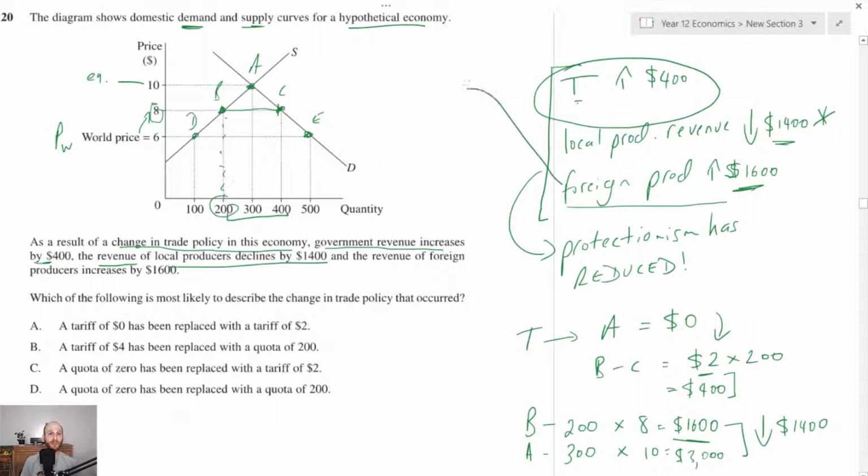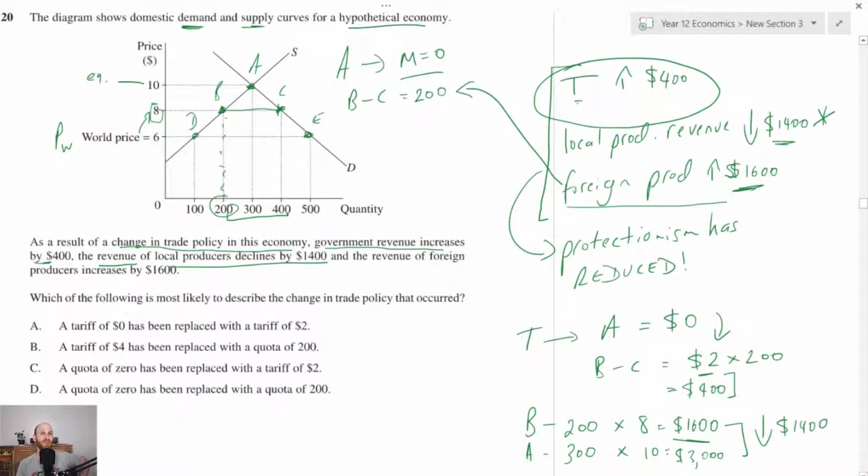So I'm just going to move this over here. So we know that at point A, imports equal 0. So foreign producers make nothing. If I go to point B to C, what I've got then is that foreign producers sell 200 units, right? Foreign producers sell 200 units.